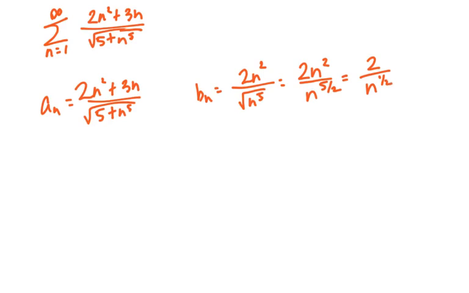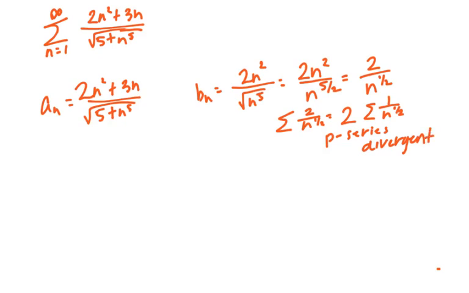So this is 2 n to the 1 half. By the way, the sum of 2 over n to the 1 half can be written as 2 times the sum of 1 over n to the 1 half, which is a p series, and 1 half is less than 1, so this one is divergent. So keep all that in mind.